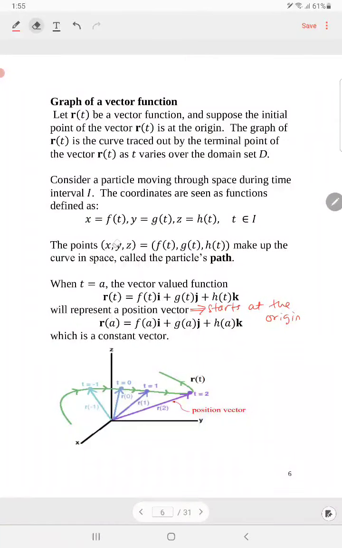It's really a combination of points x, y, z for different t. When t is -1, you get one point. When t is 0, you get another point, where t is in I here. All the points would be the endpoints of your position vectors. That's how you graph a vector function.